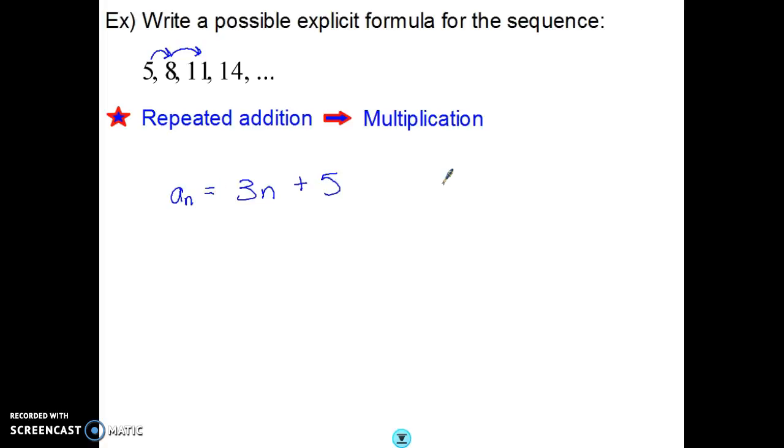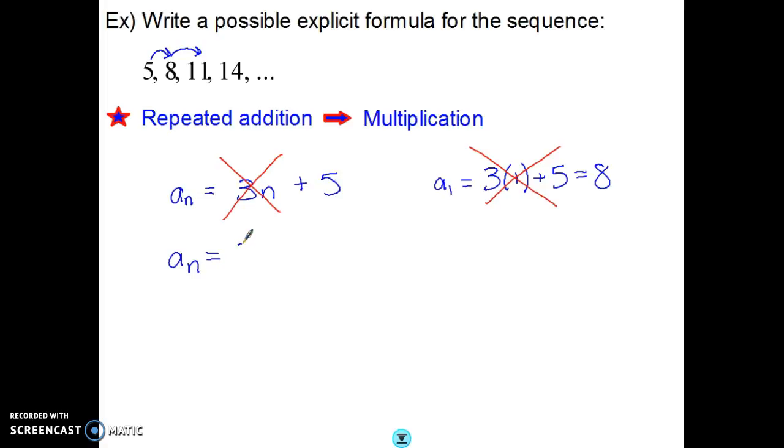Well, if we go ahead and test this out for a sub 1, you might have already noticed something's not going to work out, because we're going to get 3 times 1 plus 5, which is 8. So again, we're ahead of where we want to be. Right? It's close, but not quite. So we have a couple options here. One easy way to fix this is actually just to back up our kind of starting point, our 5, right?